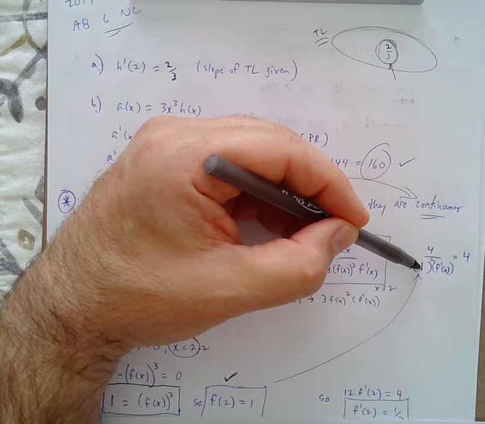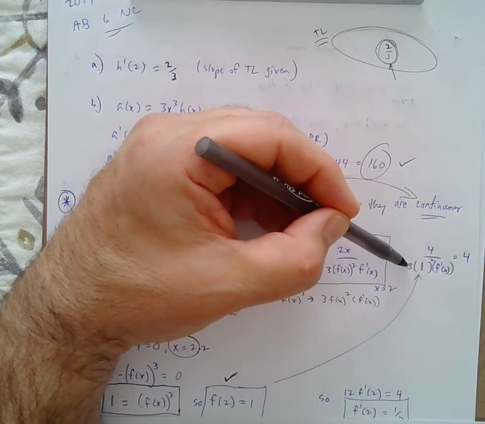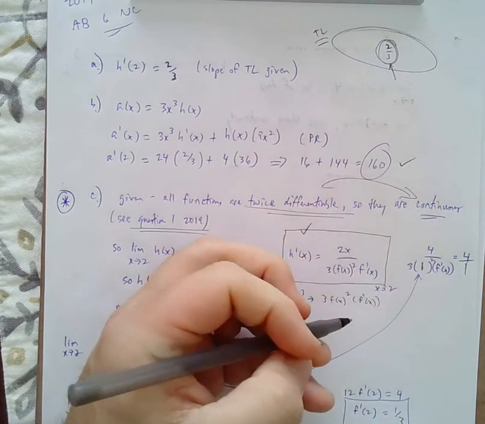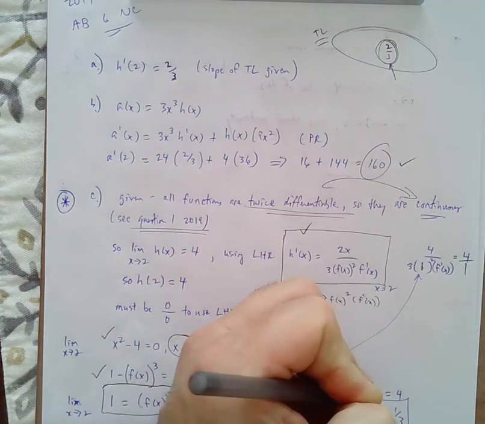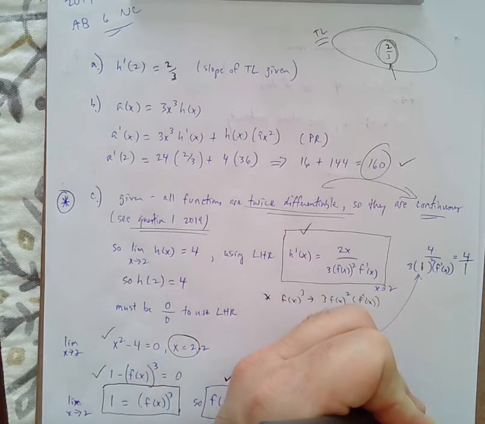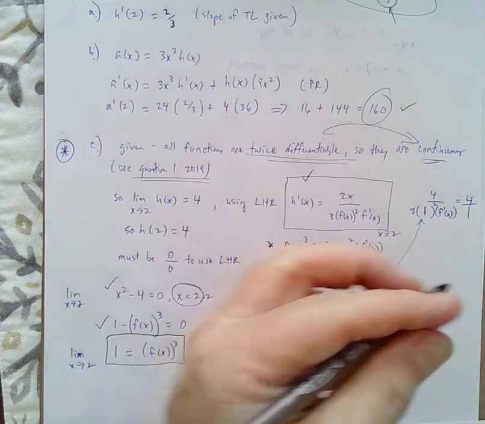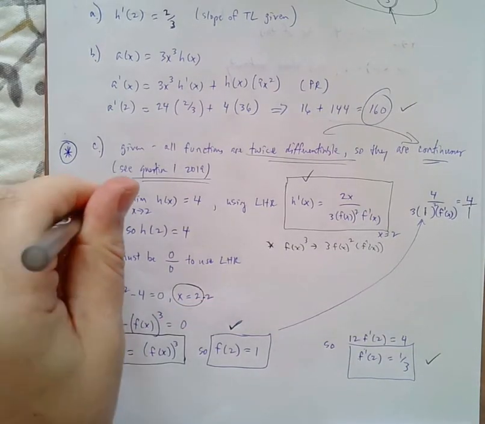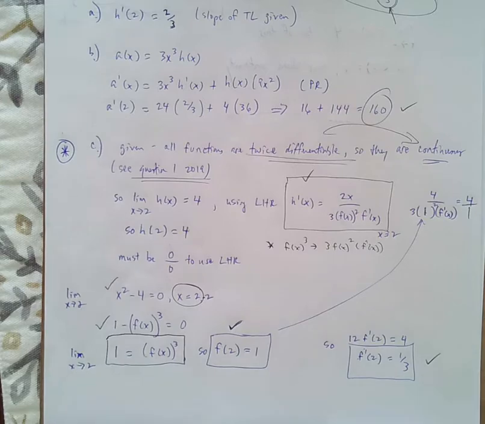F of 2 is 1. 1 squared is 1. 3 times 1 is 3. And if I cross multiply, I could solve for f prime of 2, which in this case is 1/3. So f prime of 2 is 1/3. That was a pretty hard problem. I'd venture to say that was probably the hardest question in this year's test for 2019.